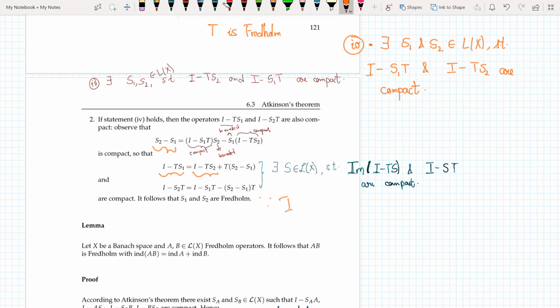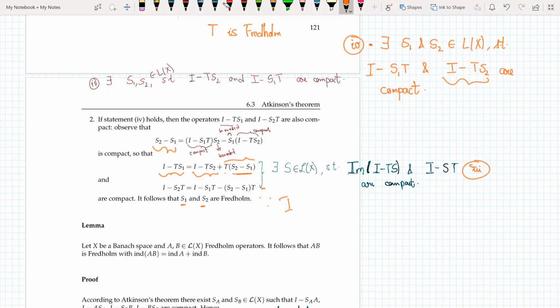It was given, and I found out that this is compact and this is bounded, so this quantity together is compact. Similar argument in this case, so I can say that S1 and S2 are also Fredholm, because if you remember from before, there was this 3 and it told me that there exists S belonging to L(X) such that I minus TS and I minus ST are compact.